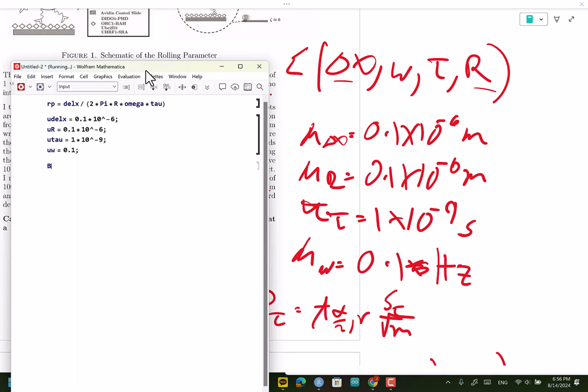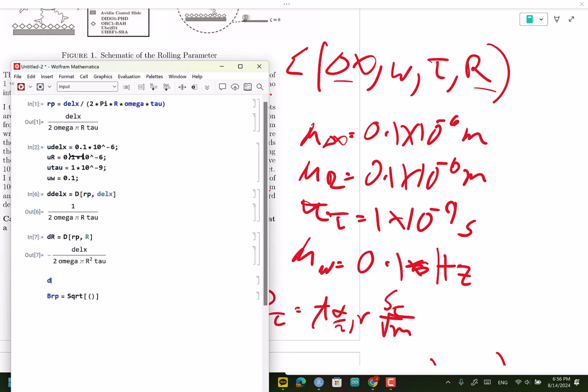So my total bias in RP is going to be equal to square root of, and I'm going to do now d del x is going to be equal to derivative of RP with respect to del x. My d r is going to be equal to derivative of RP with respect to r.